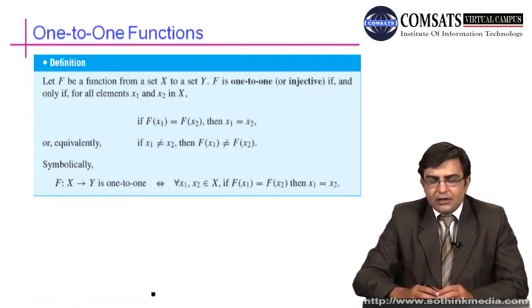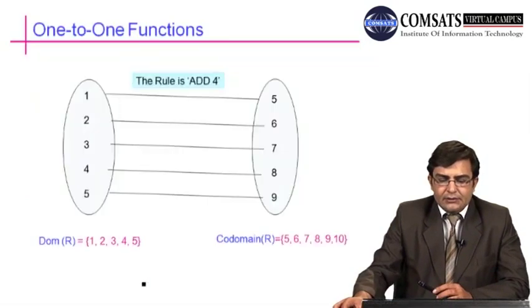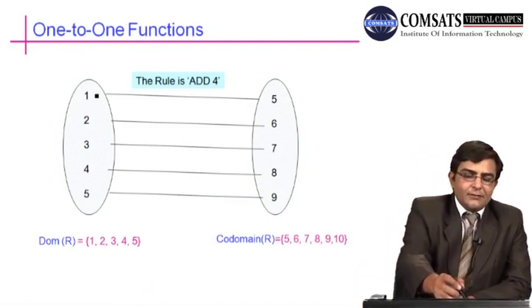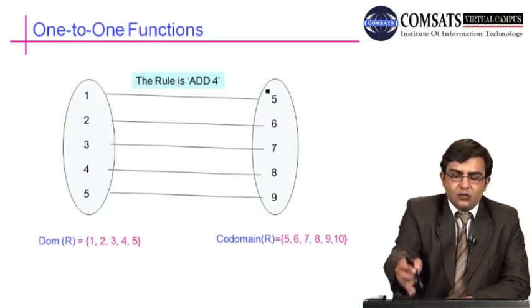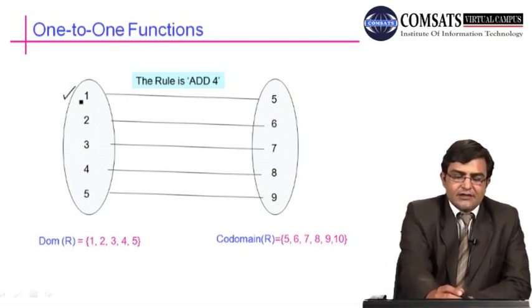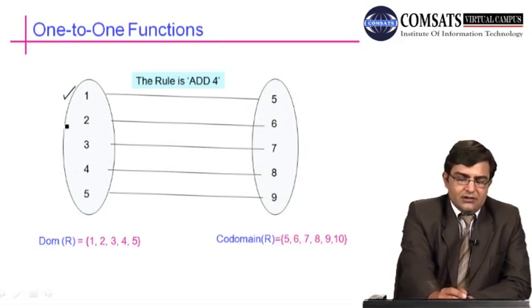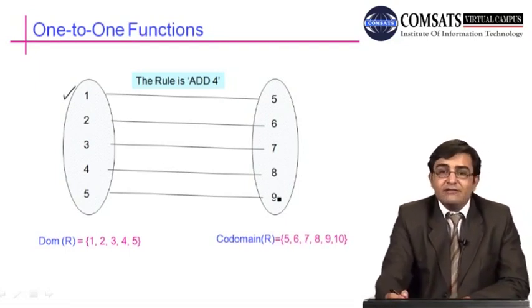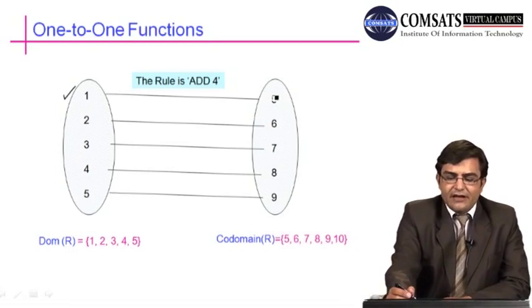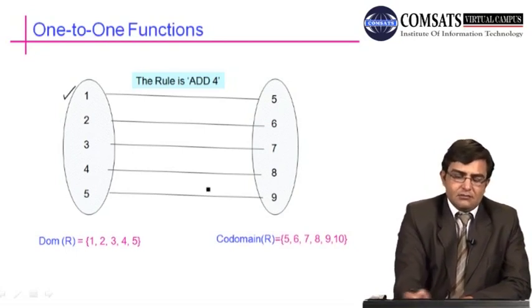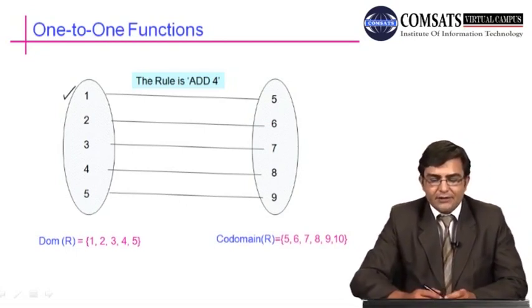In short, if we look at the arrow diagram, which we have studied in relations, if one element of the domain is related to one element in the range for all elements, here you can see that 1 is related to only one element, 2 is related to only one element, 3, 4, 5, 6, 7, 8 and 9 are each related to only one element.